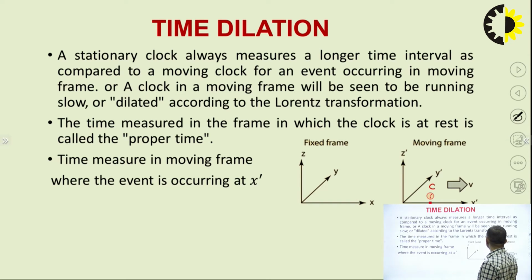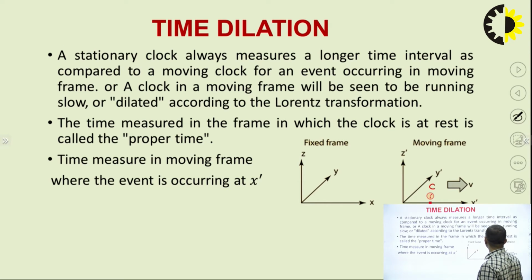But if we change the frame of reference of this observer, that means if we shift that observer to the fixed frame, another frame of reference, and he is measuring the time interval between the same two events, then it will be dilated, it will increase.